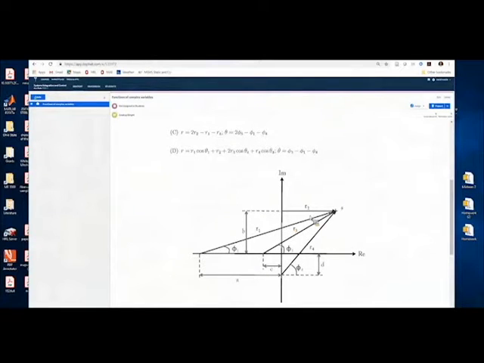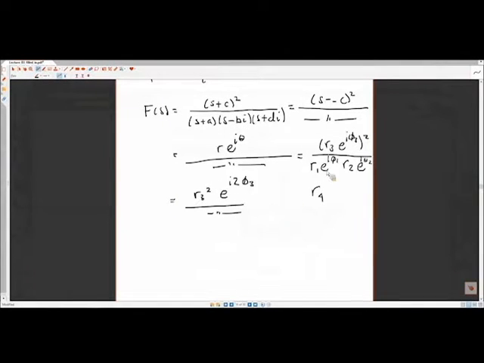R2 does not have a phase angle because this vector is going due east. So phi2 is equal to 0. R4 e to the i phi4.